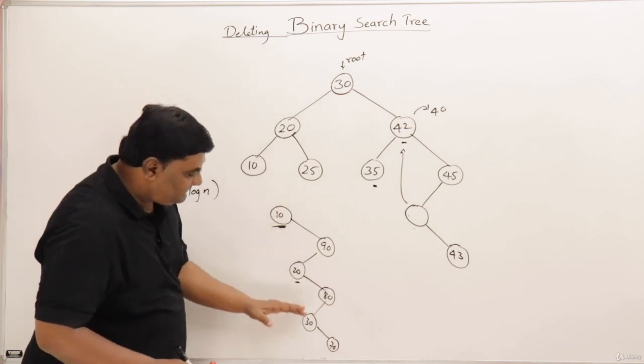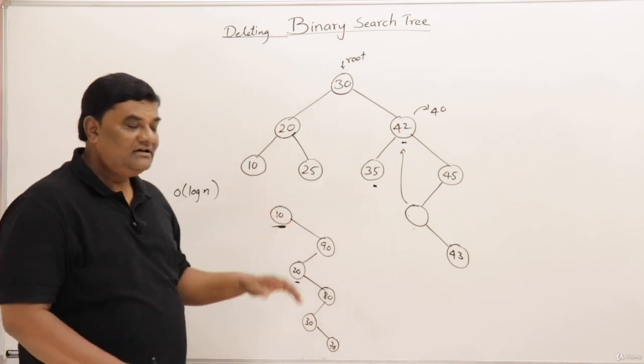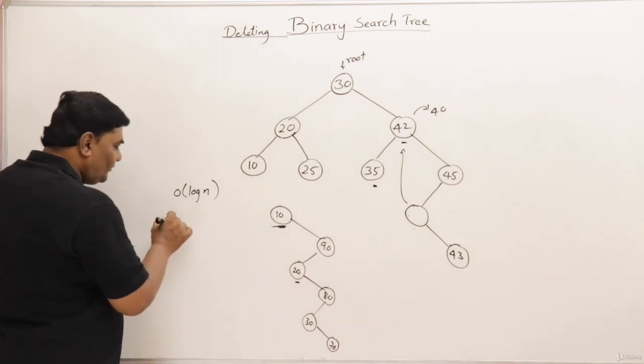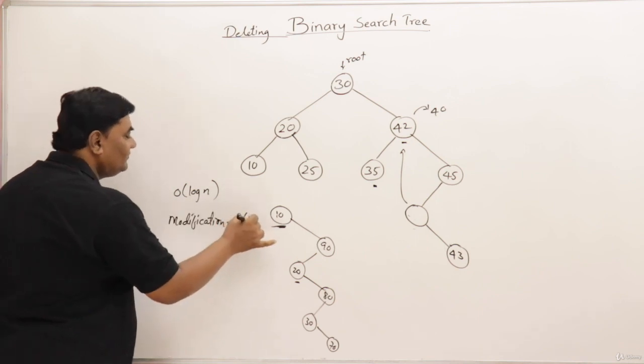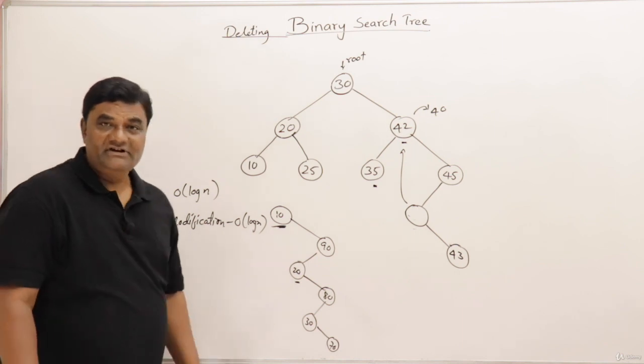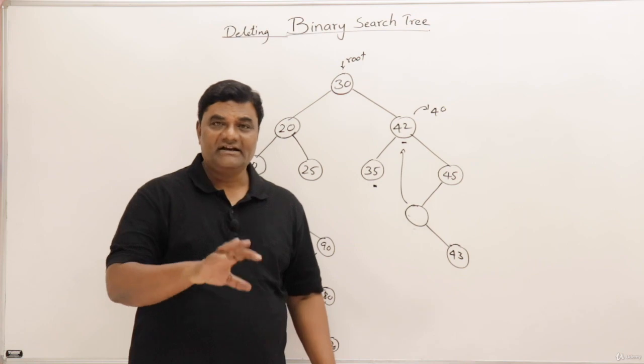Otherwise, there may be more than one modification. How many at most? That depends on the height again. In this example, you can see that it depends on the height. So the number of modifications is also log n. Time is log n and the number of modifications may be at most log n. So that's all. Let us summarize all the things.